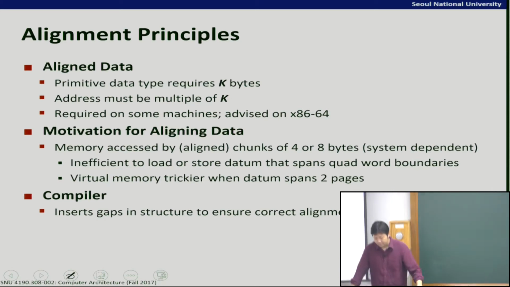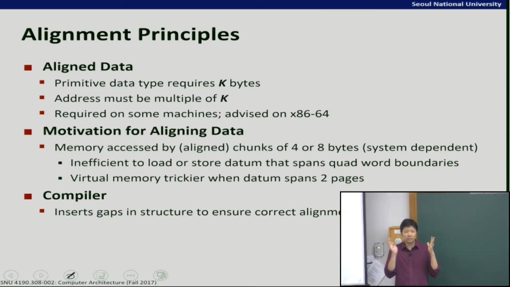If your memory access falls somewhere between two pages, then it becomes very tricky to process the request. So don't worry too much about it, but at a high level, you can think of it as your memory access going across the boundary of a fixed chunk, a fixed block. Then it becomes very tricky to process. That's the reason why many architectures require this alignment for data access.